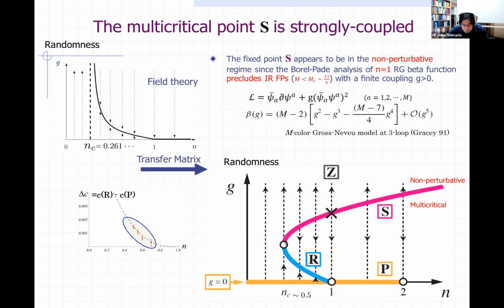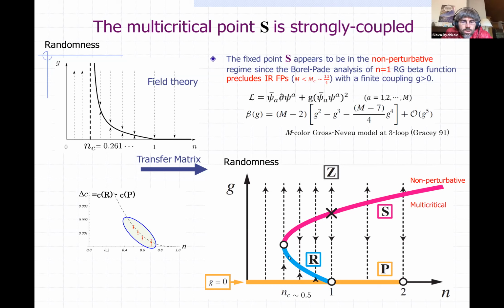But actually, this trajectory turns and it is continued as the strong disordered random fixed point. Okay, so this plot is for the increase of central charge to this pure weak randomness fixed point. This is confirmed very well. The dashed line is the theoretical prediction, and this is the measurement. So this corresponds to basically this.